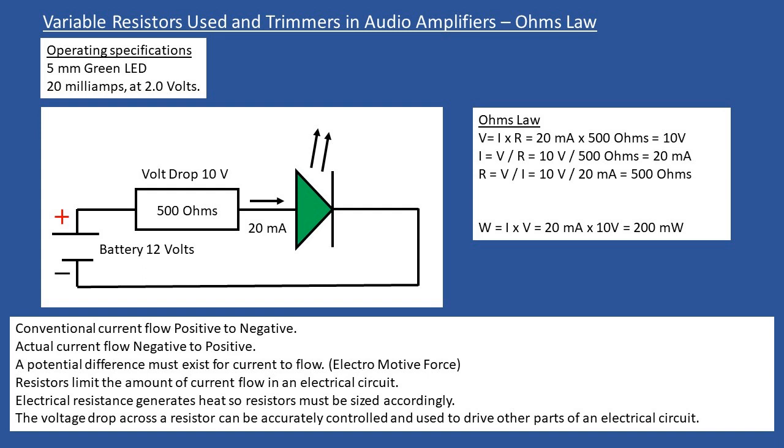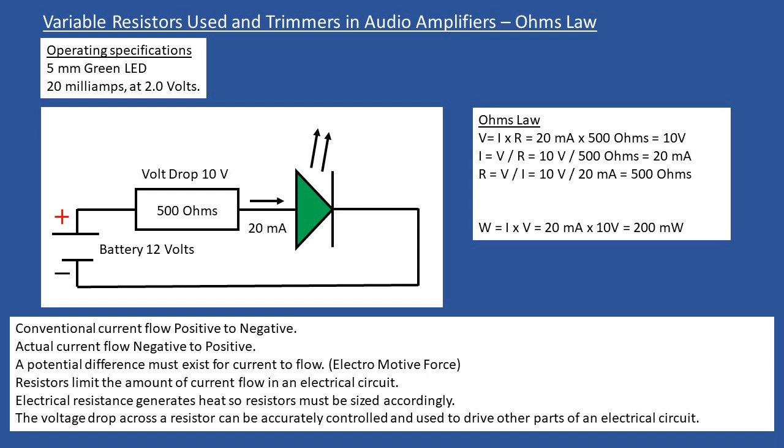If you had an electrical circuit where the EMF, or the potential difference, the drive voltage, was, for example, 24 volts, and you had a circuit that drew 20 milliamps, if you put a 250 ohm resistor in that circuit, then as the current flows through the resistor, you would have a voltage drop of 5 volts across the resistor.